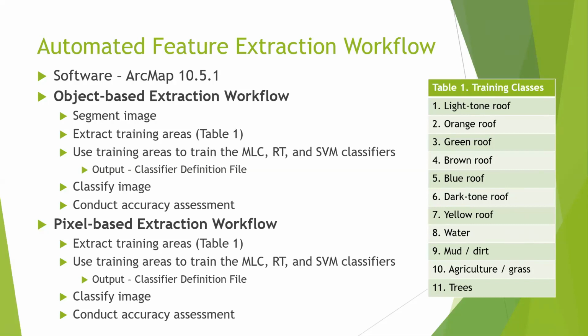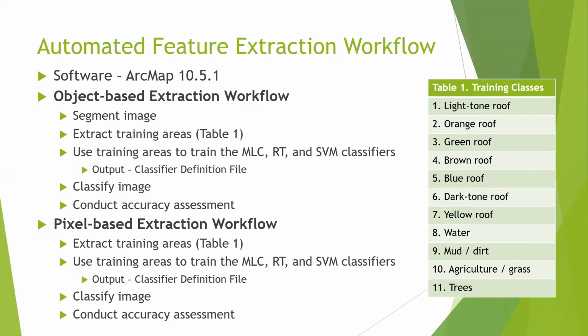The difference between the object-based and pixel-based workflows is that the object-based approach will segment the image, which creates groups of pixels based on the spatial and textural properties of the pixels.